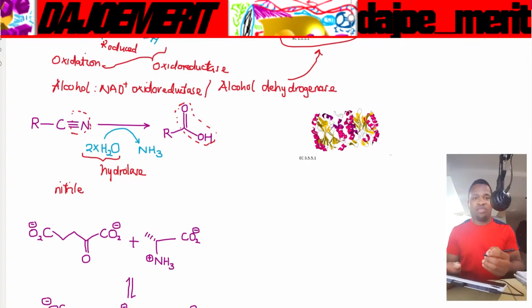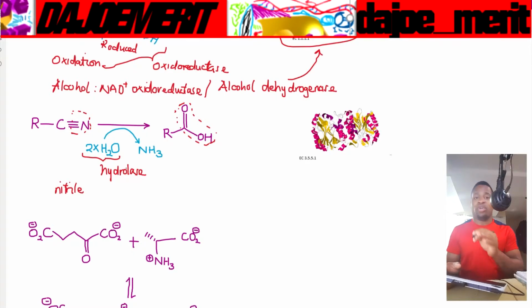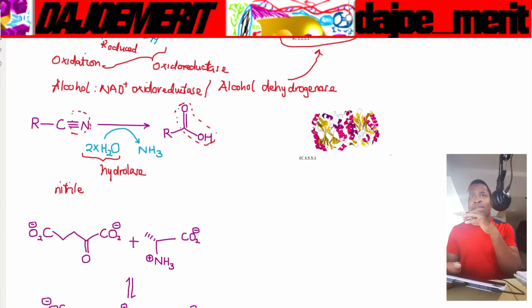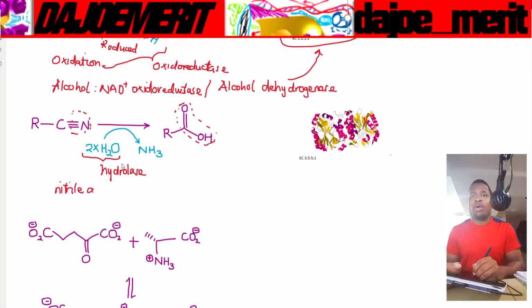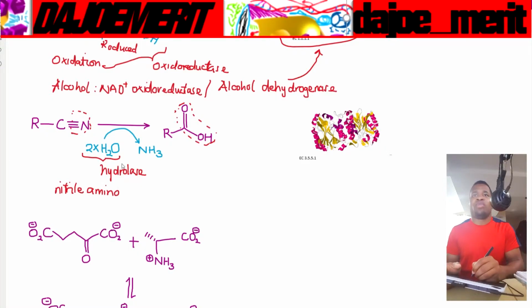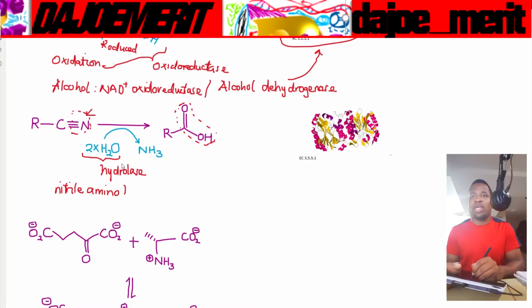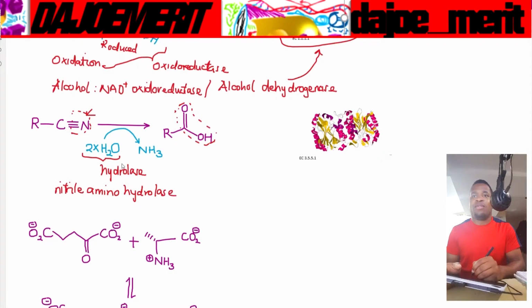Then the next one is to identify the group that is involved in the elimination process, which is called the amino, which is related to nitrogen, which is what we have right here. Then we put the general name, which is hydrolase.